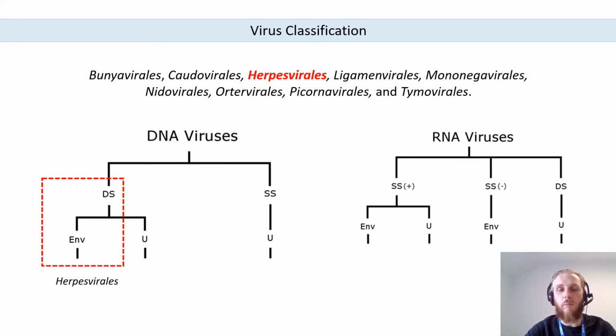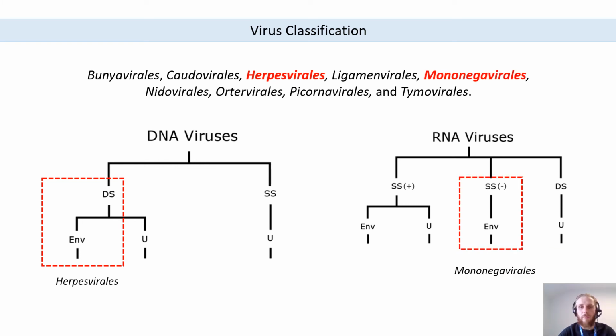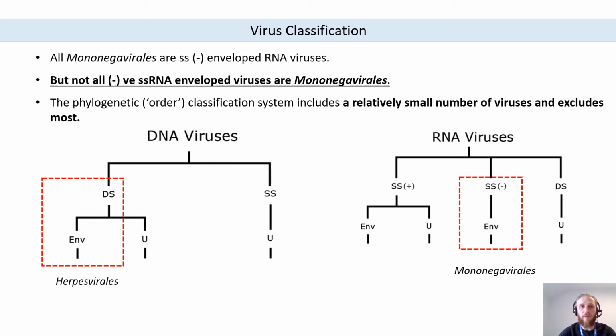Okay, one additional point I do want to make is that if we try to look at these orders and compare them to phenotypic classification, we see there's a big overlap. For herpesvirales, we're talking about a lot of double-stranded DNA viruses that are enveloped. And we can see some more examples of this here.